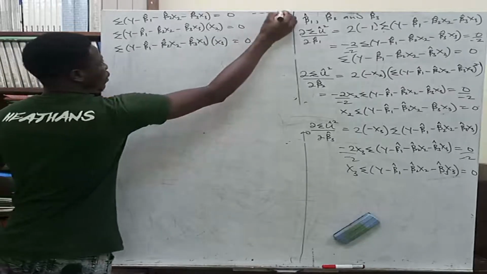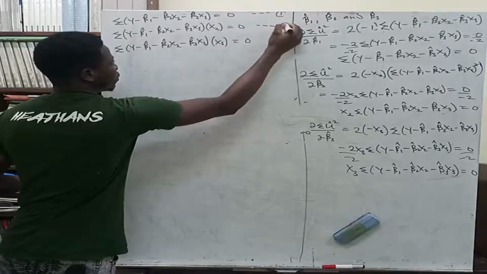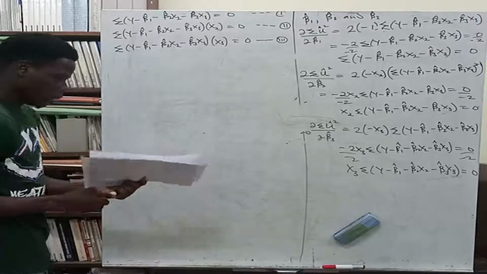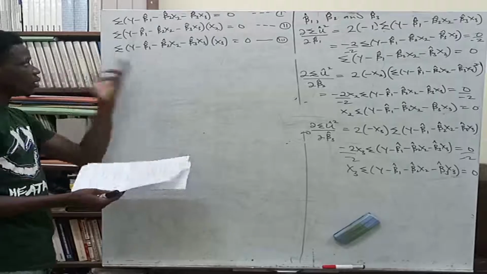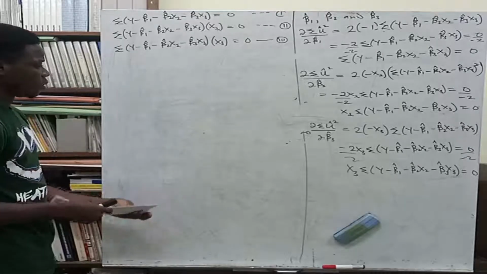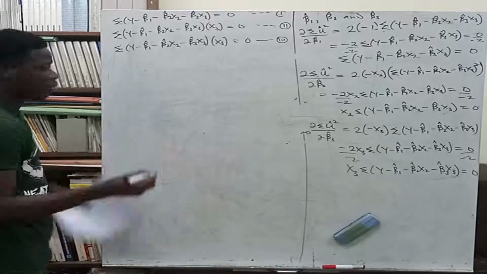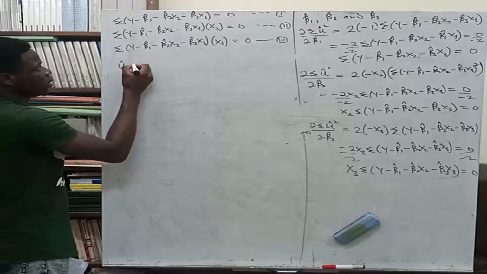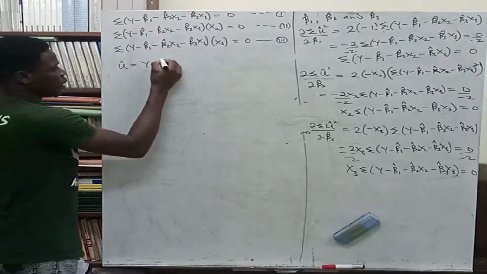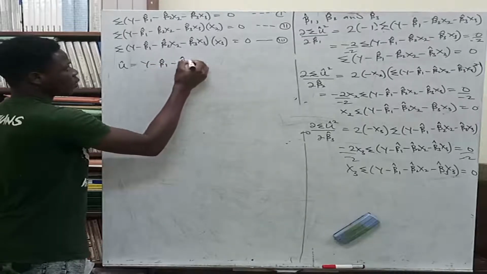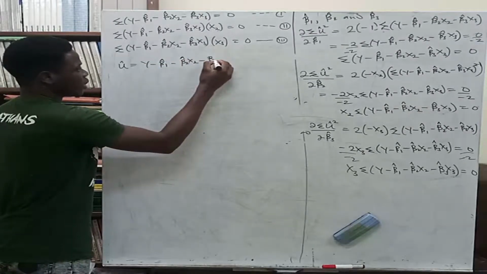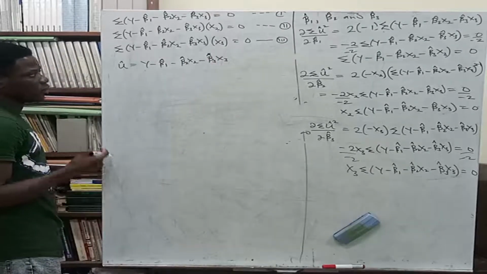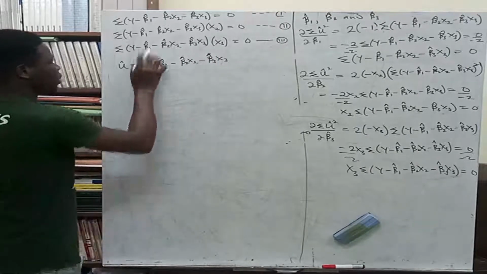Equals 0. So this is equation 1, equation 2, equation 3. So the 3 equations here can now be written. Remember what we did initially, we got that u equals y minus beta 1 minus beta 2 x2 minus beta 3 x3. That was where we started from initially, and this is basically what we're having here.